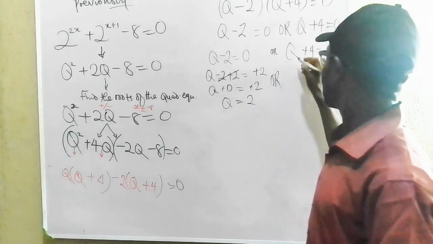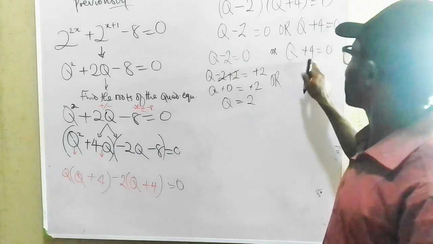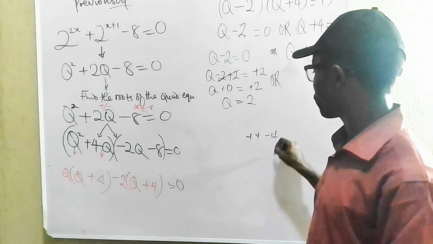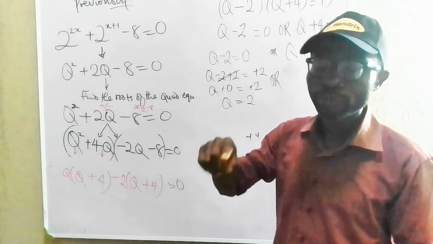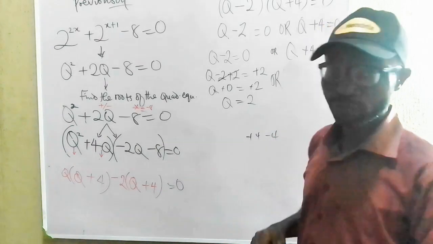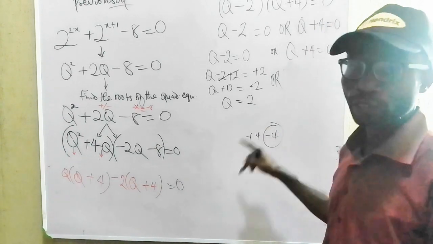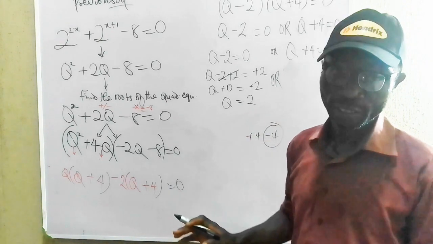Or here, q. Now what's the additive inverse of 4? The additive inverse of 4 is minus 4. That is another number with a different sign that is going to cancel out this 4. You do it on both sides, so that it's balanced and you have not cheated in any way.